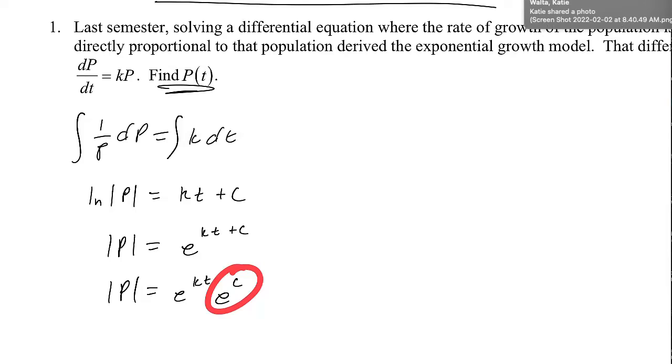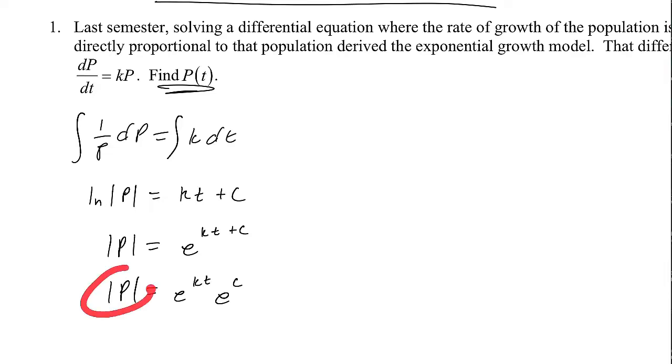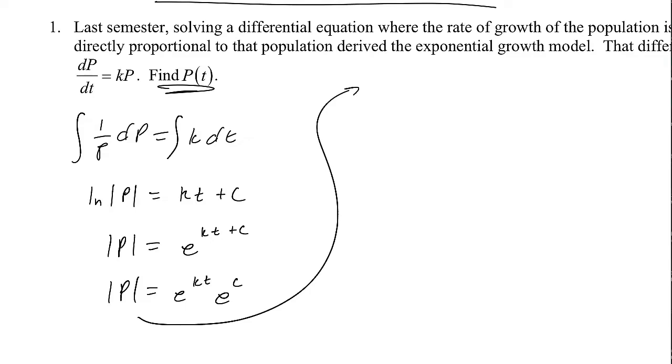So if this is just a number, then what I can say is the absolute value of P, since this needs to be plus or minus to be able to drop that absolute value, then P of t is plus or minus e to the c times e to the kt.